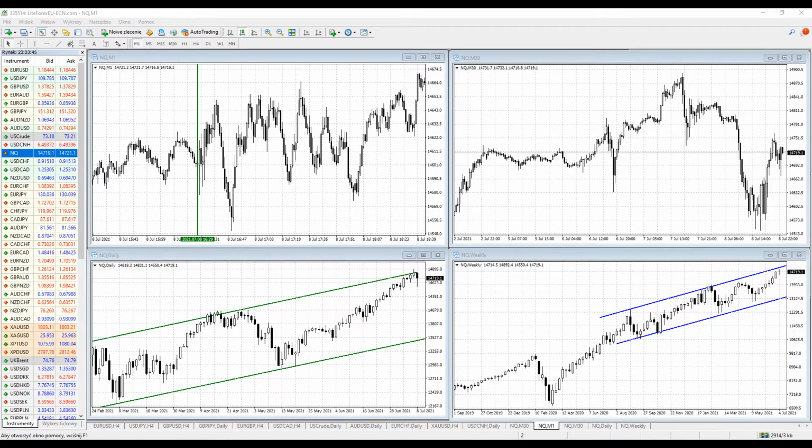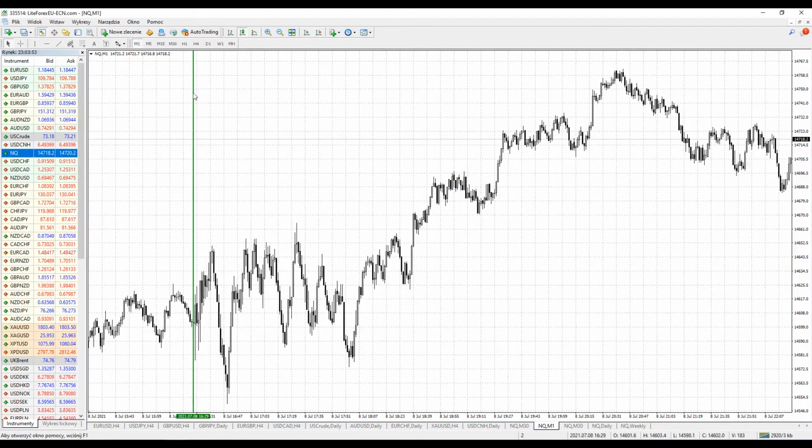So without further delay, let's jump straight in, and let's first try to discuss what I call the first 5-minute trading range, right? First 5-minute trading range. Let's have a look at what we have here.